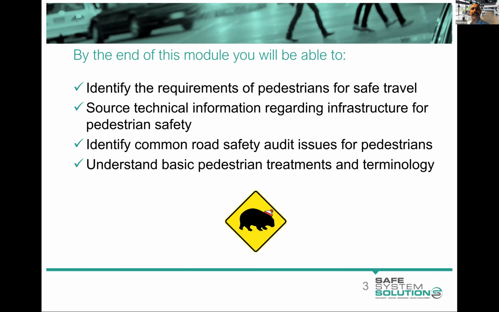And we don't go to anything in a huge amount of detail, but we're just required to ensure that you're out there looking at the road network or designs and you're thinking about all road users. So in this bit of the module, we're going to look at the requirements of pedestrians for safe travel, where you can get some technical information regarding infrastructure for pedestrian safety, common road safety audit issues for pedestrians, and understanding basic pedestrian treatment and terminology.